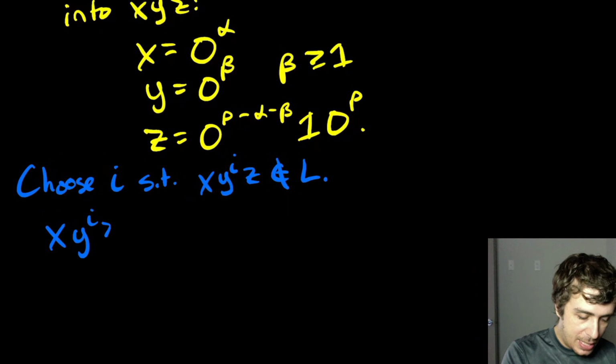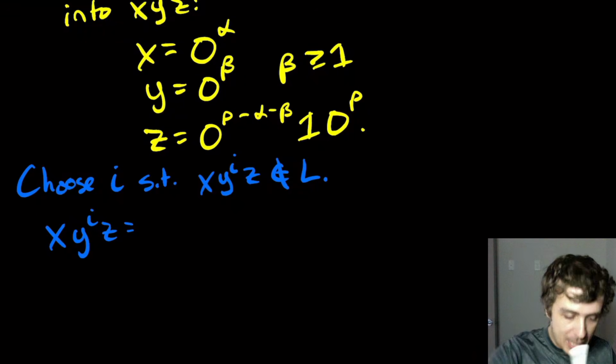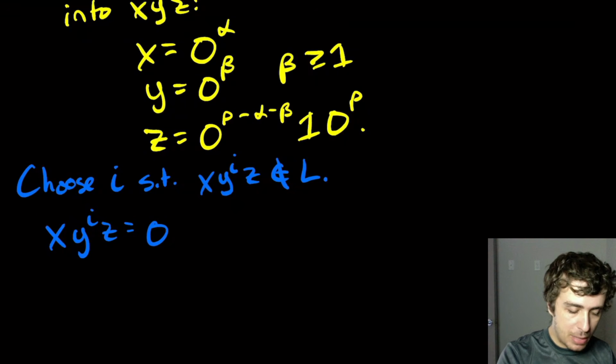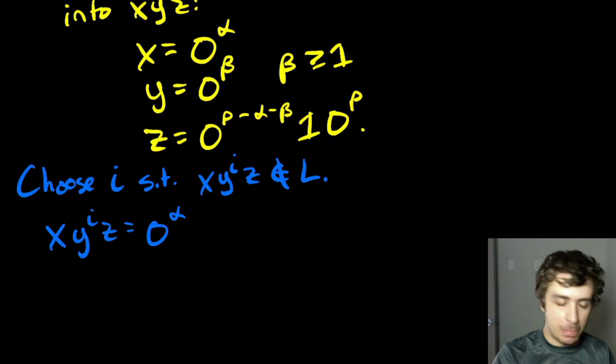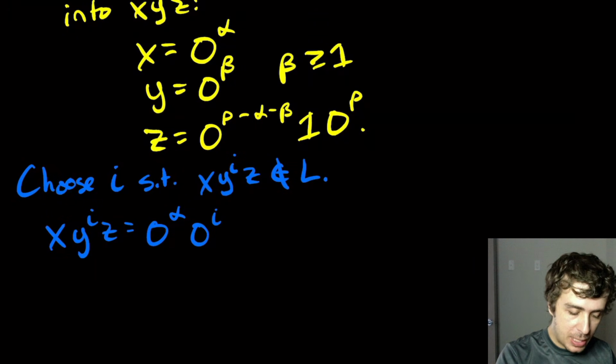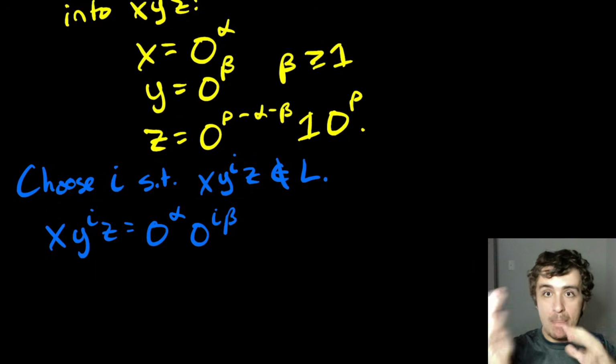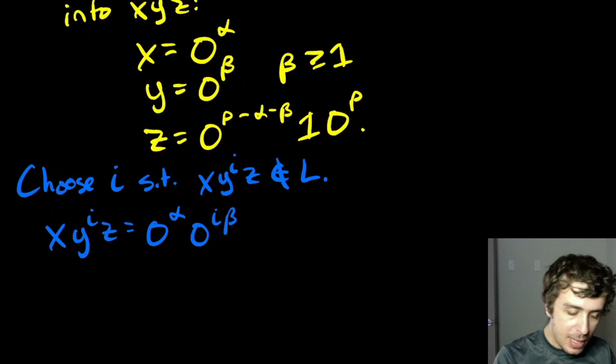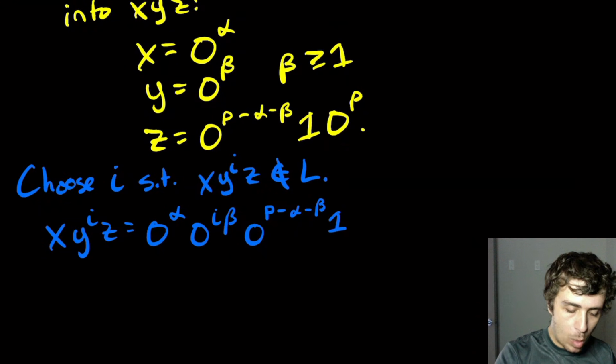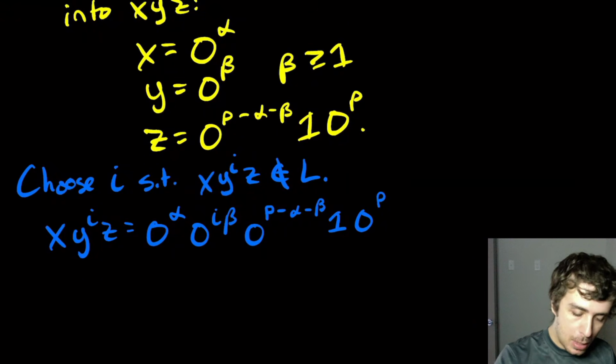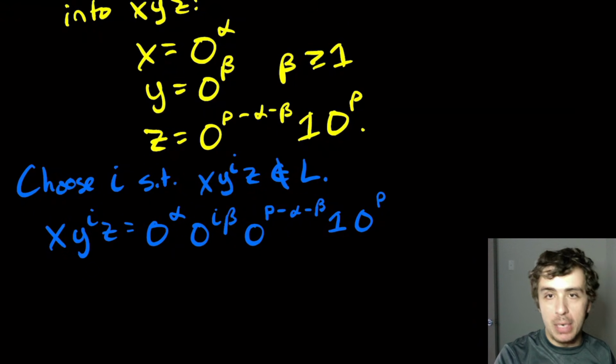X, Y to the I, Z. Let's just copy down the pieces. So we have 0 to the alpha, that's the X bit. We have 0 to the I beta, that's the Y bit I times. And then the Z bit 1 time. Oops, not Z: 0 to the P minus alpha minus beta, 1, 0 to the P. So here I have a consecutive run of zeros.